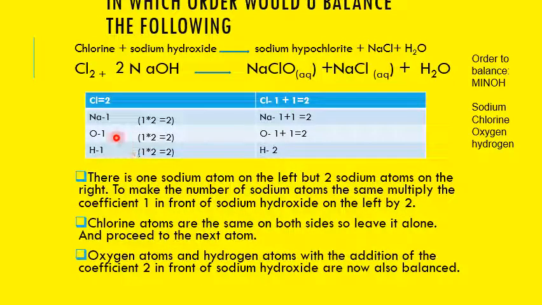Oxygen on the left is 2, and oxygen on the right is also 2. So we leave it alone. Next, we look at hydrogen. On the left, hydrogen is 2, and on the right, hydrogen is also 2. So you need to also leave hydrogen alone. So this reaction is balanced.